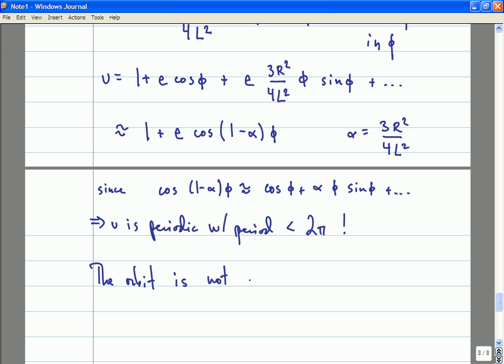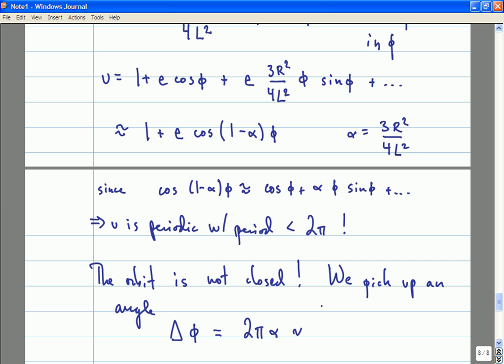And instead, we pick up an angle, delta phi, which is 2 pi times alpha, which is about 3 pi over 2 R squared over L squared per orbit.